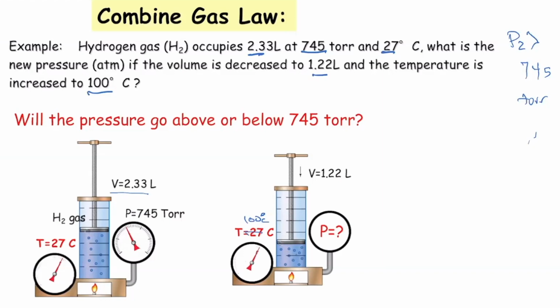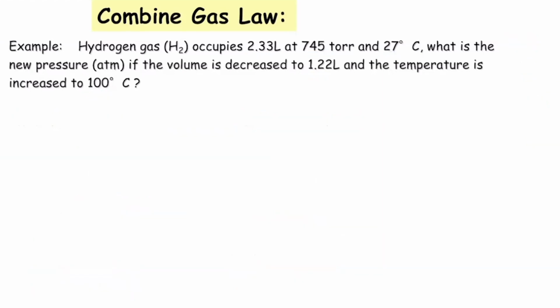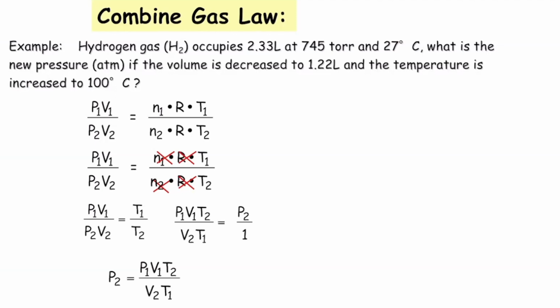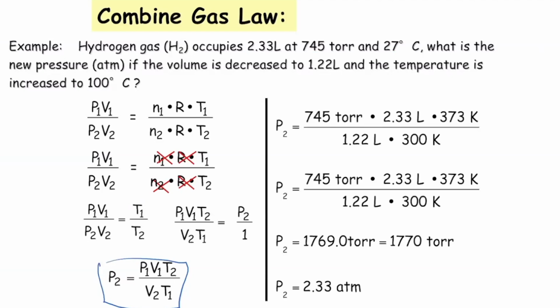The new volume is 1.22. What happens to the pressure? The pressure should increase. Okay, here's the equation that I showed you. The n's and the R's cancel. You get that, and this is exactly the same equation that I wrote in the previous slide. All we've got to do now is plug it in.